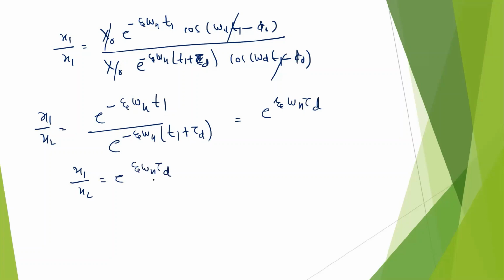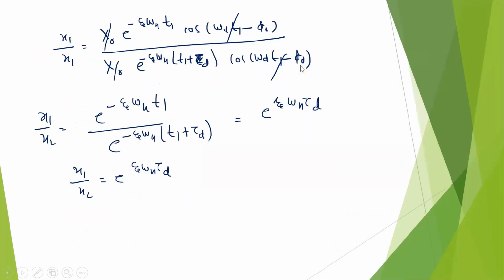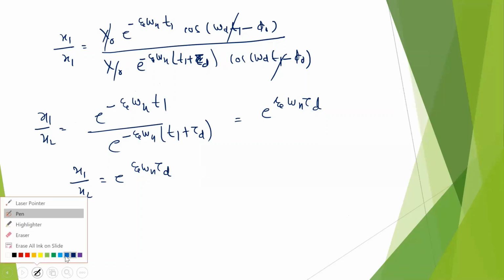To get the logarithmic decrement, from the definition we know it's the natural log of the ratio of two successive amplitudes. So if we take the log of this ratio, we get the logarithmic decrement, represented by delta.